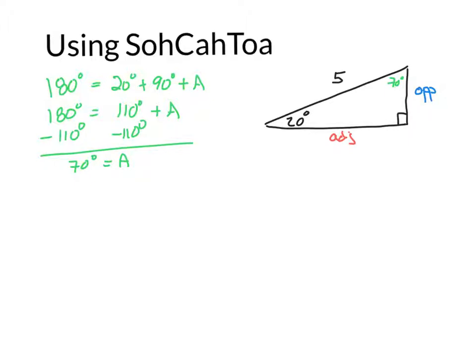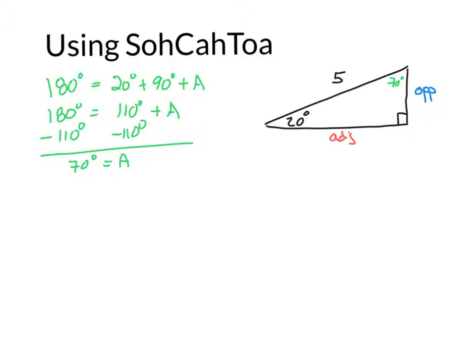So the first thing we'll do is decide which one we want to figure out. Let's start with this opposite side. I have an angle, 20 degrees, and I want to come up with a relationship between the opposite side and the hypotenuse that I know. Opposite and hypotenuse all go with the sine function.